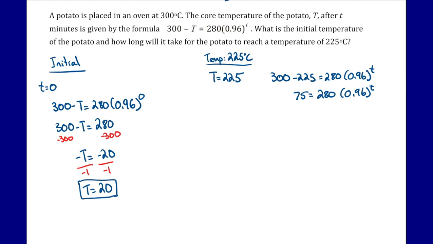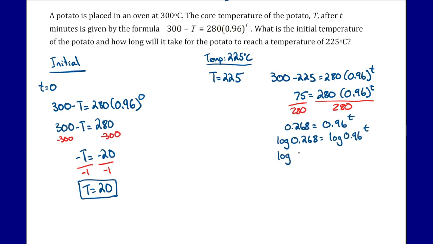And this should appear similar to other exponential equations that we had to solve using logarithms. Divide both sides by 280. 0.268 is equal to 0.96 to the power of t. Now, to avoid using common bases, we're going to take the log of both sides. Using the exponent rule in logs, I can bring down the exponent.